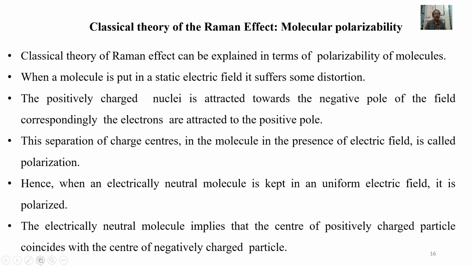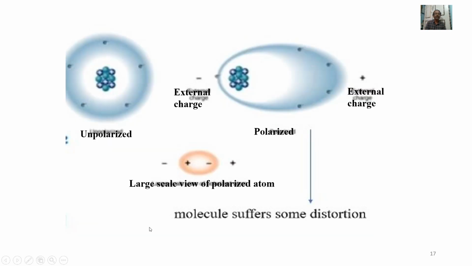Hence, an electrically neutral molecule kept in a uniform electric field is polarized. The electrically neutral molecule implies that the center of positively charged particle coincides with the center of negatively charged particle. This is pictorially represented here.